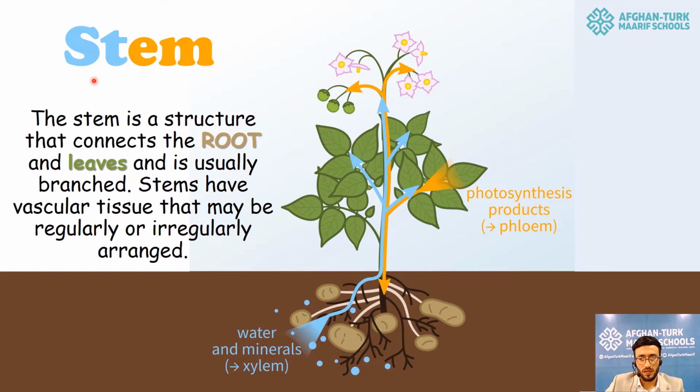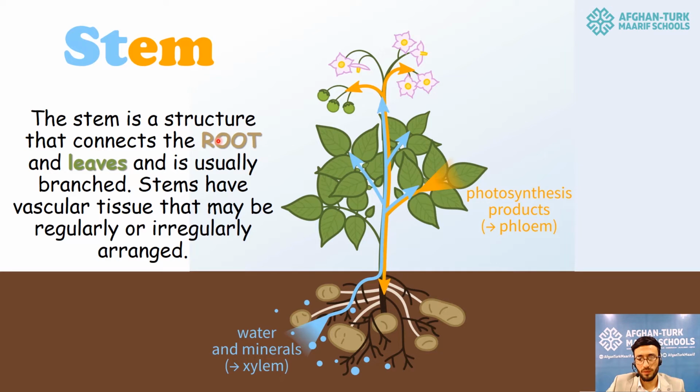The stem, as you see these arrows, they are facing different ways. We can say that the stem is a structure that connects the root and leaves. Why root and why leaves? We will talk about it.